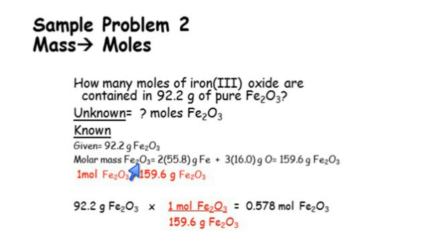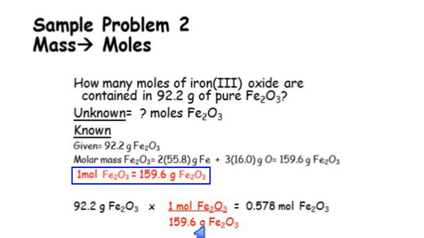We have to find the molar mass: 2 times the mass of iron plus 3 times the mass of oxygen. This is what we use for our conversion factor. 1 mole of Fe2O3 equals 159.6 grams. I got these numbers in the periodic table.